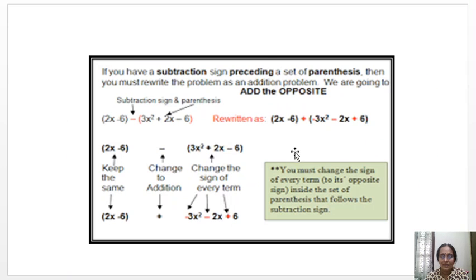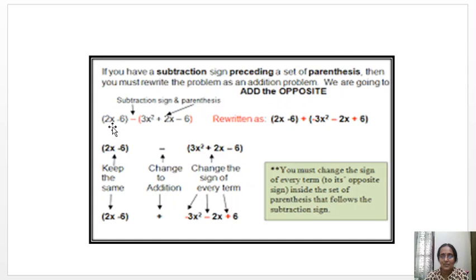But in this example, you have to subtract the entire expression. 3x square plus 2x minus 6 you have to subtract. You have to subtract the entire expression, which consists of 3 terms. From which expression you have to subtract?